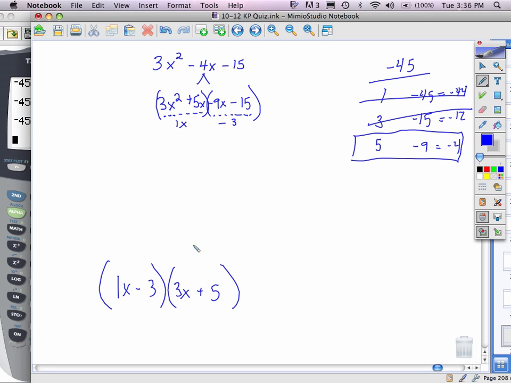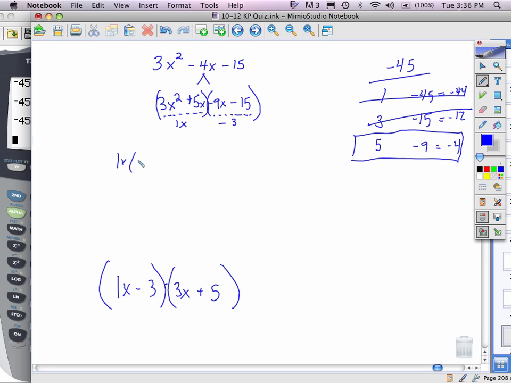So I'm good. And if you wanted to check your final answer, you could distribute to check. I will not do that on this problem, but you could distribute to double check to make sure you get your original problem. What I found is 2 factors that multiply to give me my original answer.